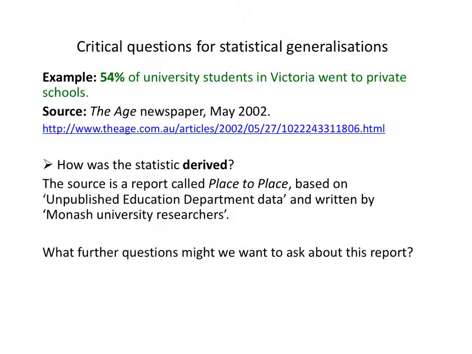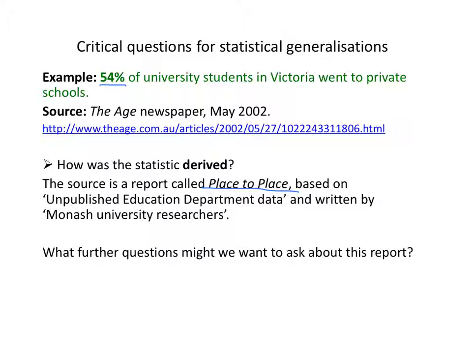We would have to track down this report and see exactly what methods they used to come up with this figure of 54%. Almost certainly they didn't track every single university student in Victoria. Almost certainly this statistic is based on a sample, so the main question we would want to ask about that is whether their sample is representative of the university students in Victoria as a whole.